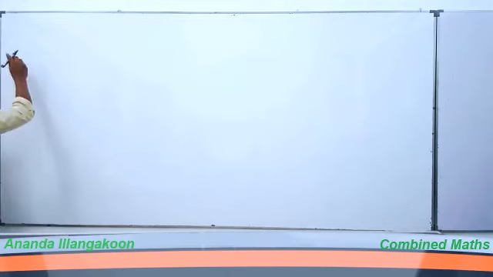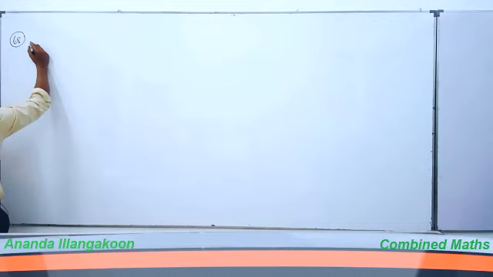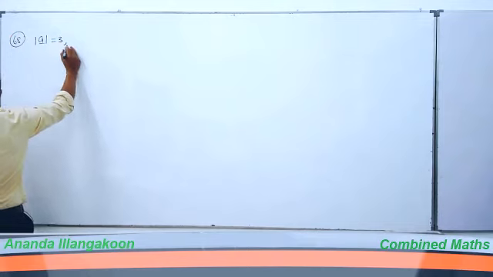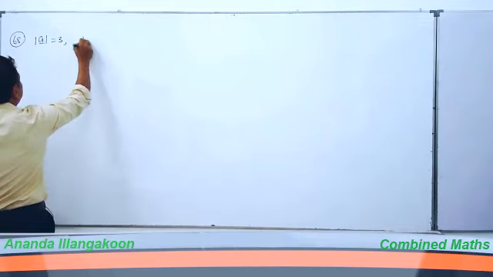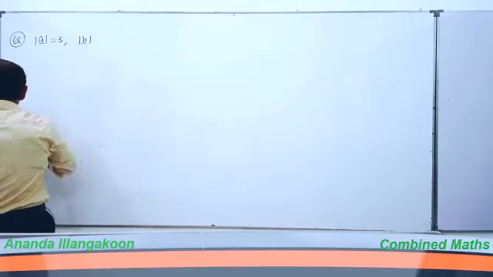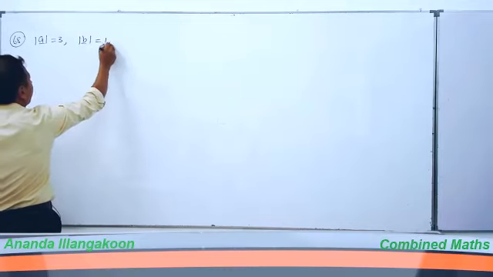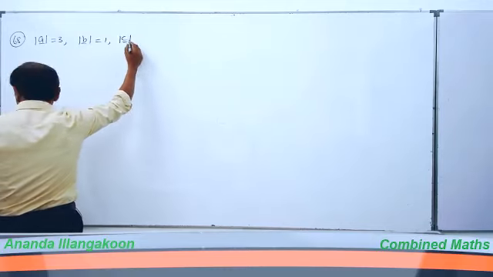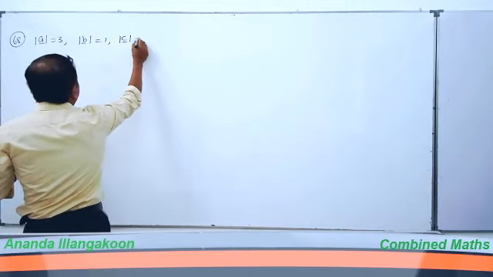Question number 68 says something like this. Modulus of vector A is 3. Modulus of vector B is 1. Modulus of vector C equals 4.